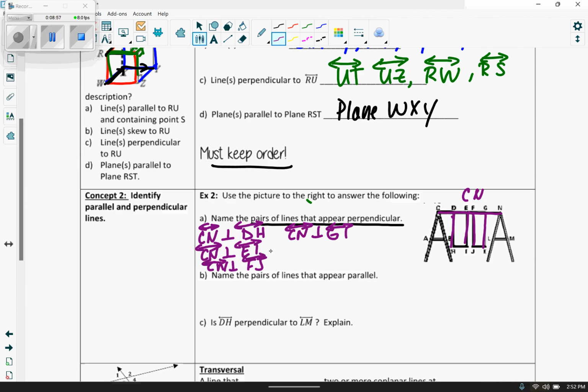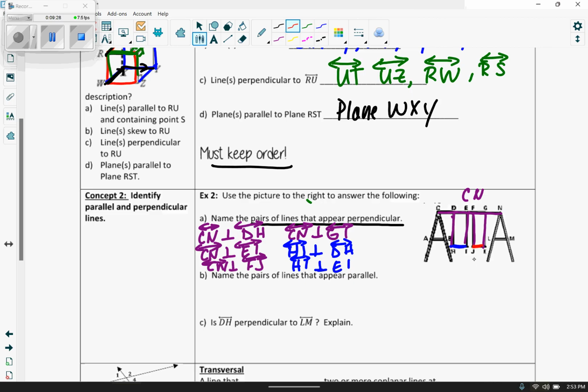All right. Then I also have these guys right here. So HI is perpendicular to DH, and HI is perpendicular to EF, no, EI. And then we have over here, one more little segment here.